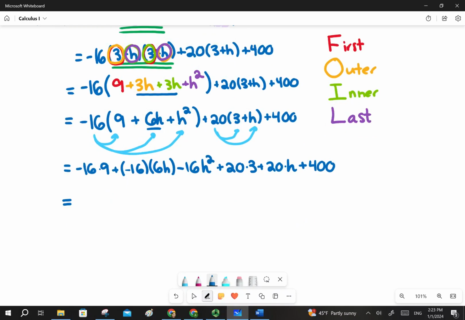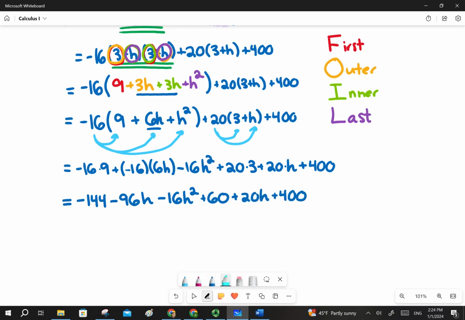Negative 16 times 9 equals negative 144, and negative 16 times 6 is negative 96. So this is equal to negative 144 minus 96h minus 16h squared plus 60 plus 20h plus 400.